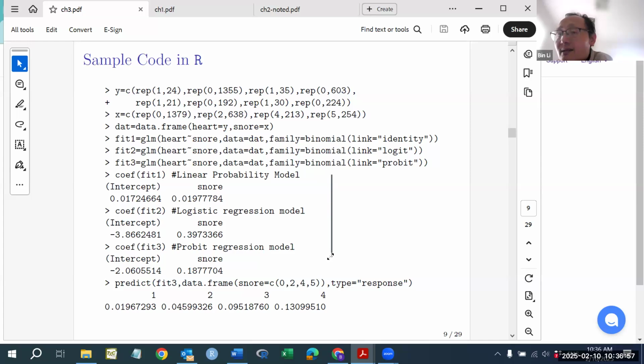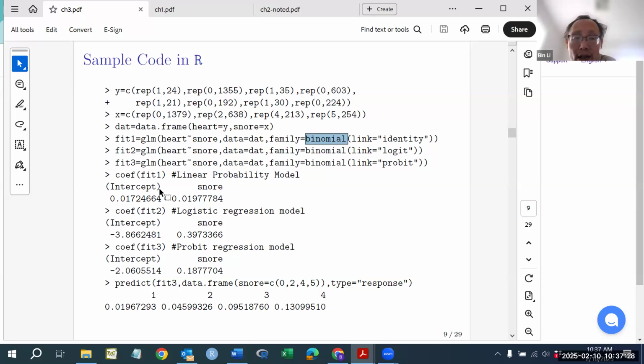There is an equivalence between the MLE, the maximum likelihood approach, and OLS when Y follows a normal distribution. But here Y is not following a normal distribution. Look at the family. It is binomial. So when we solve this, we are using the maximum likelihood approach and assuming Y follows a binomial. It's not normal.